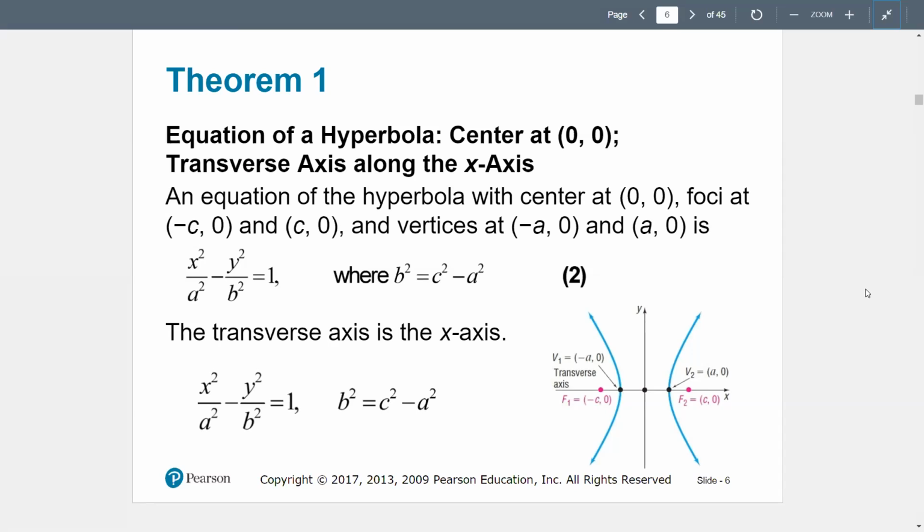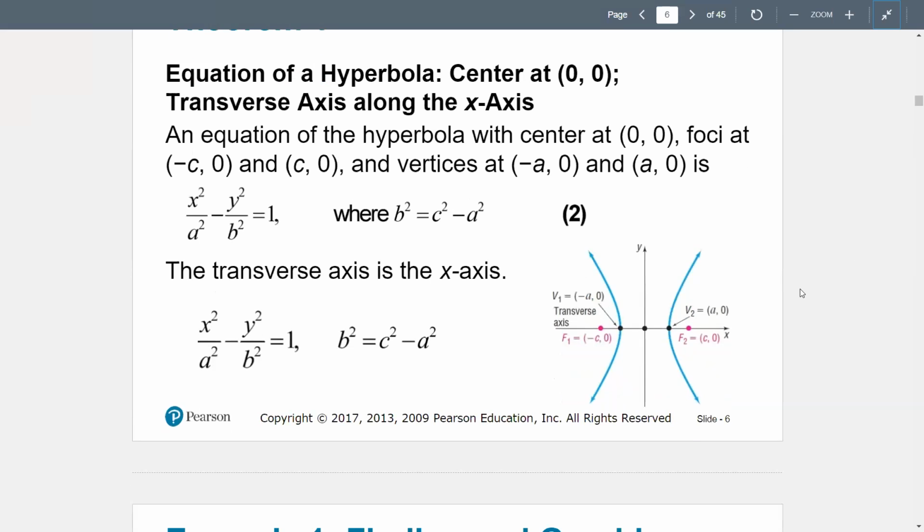It has a minus sign instead of an addition sign. There we go. And that makes sense, right? Because if you took an ellipse and you folded it the other way out instead of in, then we would be subtracting instead of adding. Okay? Really the only difference between the two.